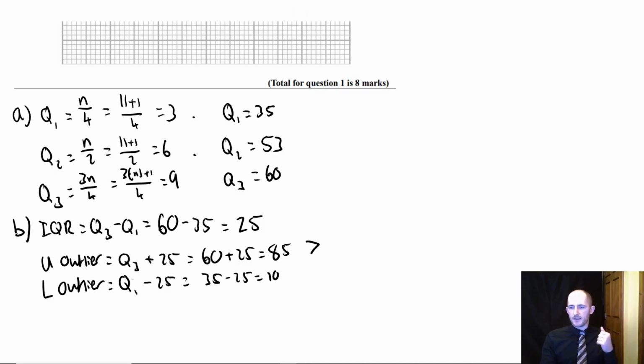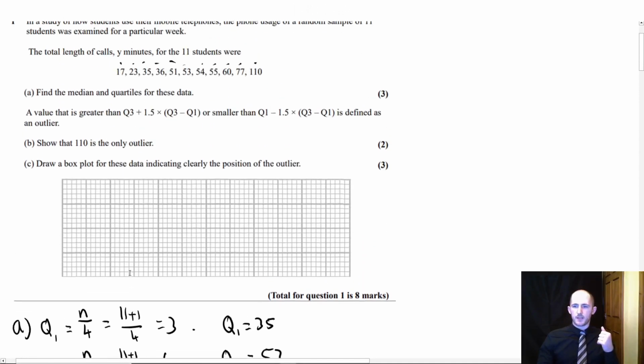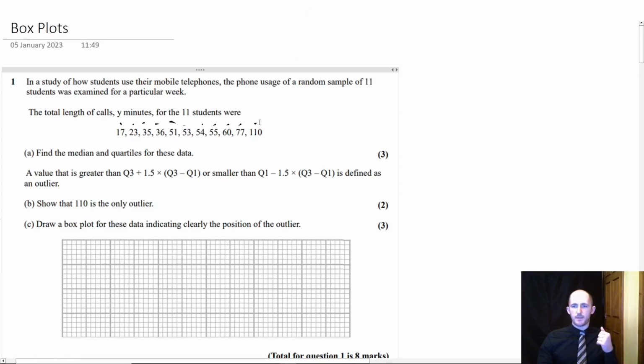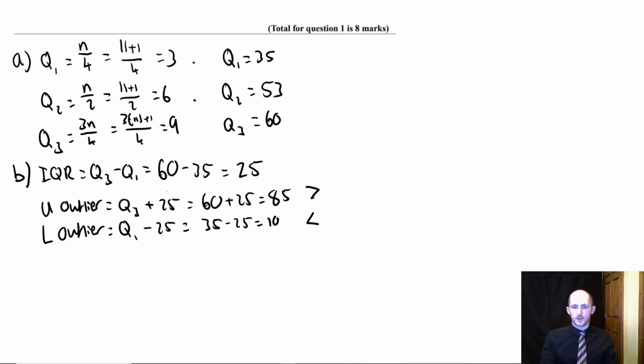So anything bigger than 85 or less than 10. If you look here, there's no numbers less than 10, but there is a number that's bigger than 85, that's 110. So 110 is the only value that fits the criteria.